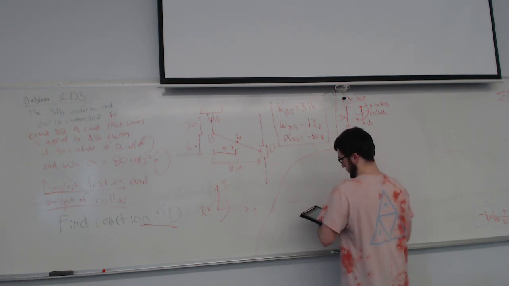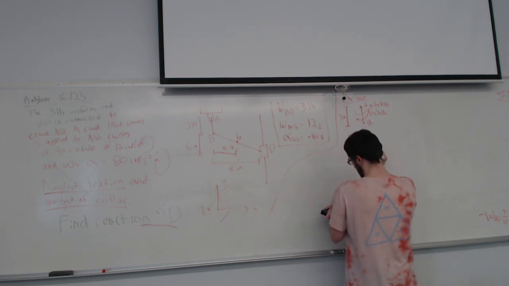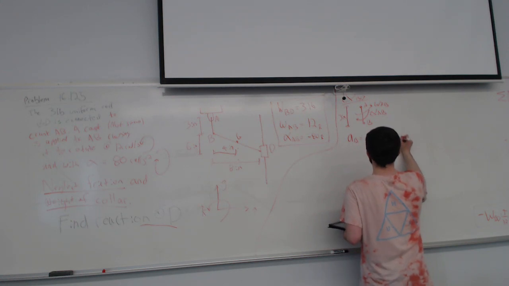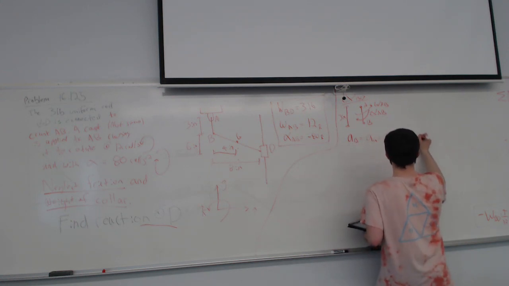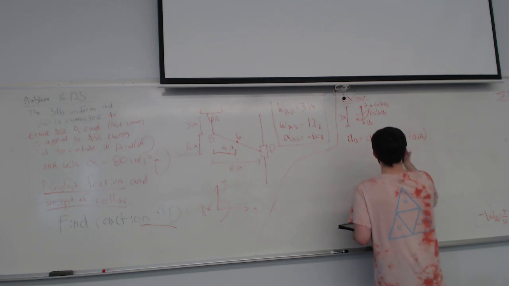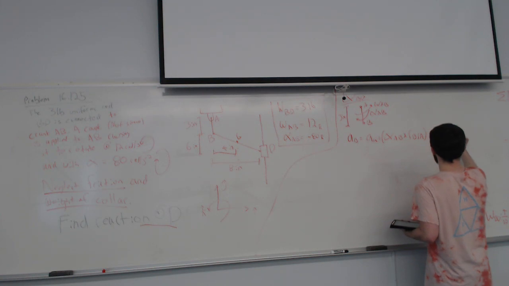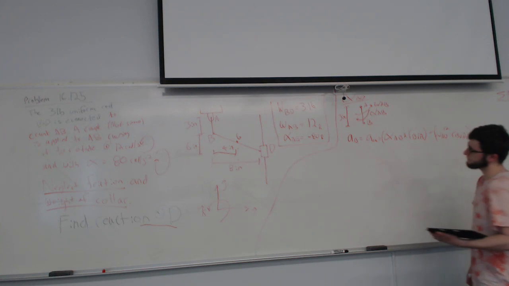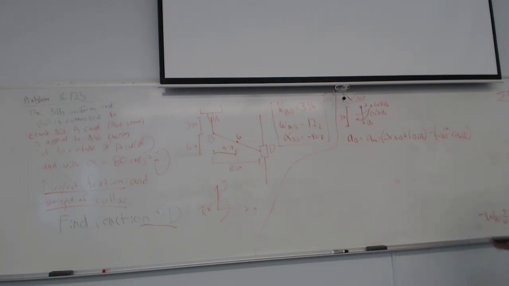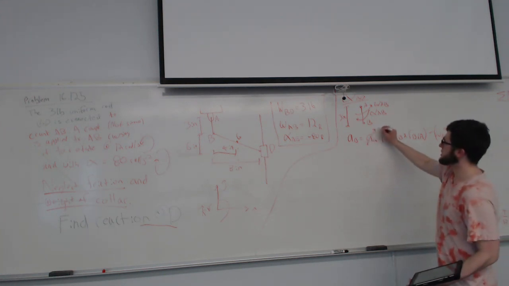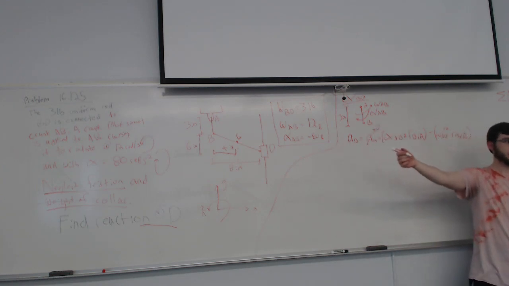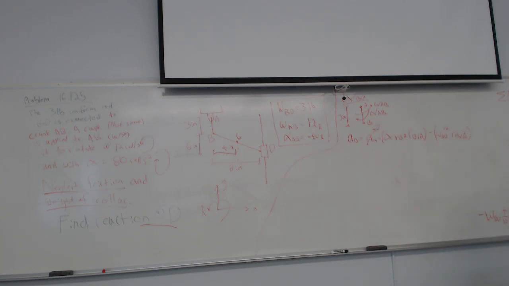Acceleration of B equals the acceleration of A plus alpha AB crossed with r of B with respect to A, minus omega AB squared times r of B with respect to A. And one more thing: acceleration of A is 0 because it's a pin. It's a pin down. So it's pretty clear from here that with all this information, we can definitely get the acceleration of B.